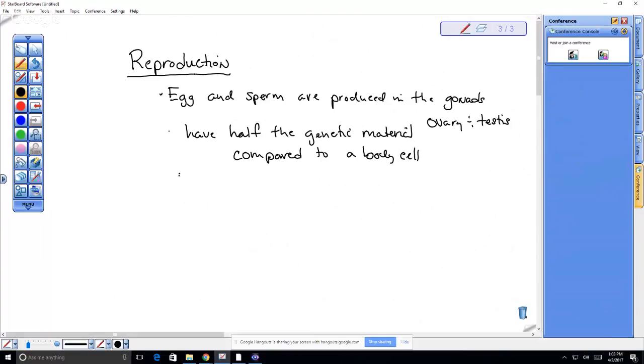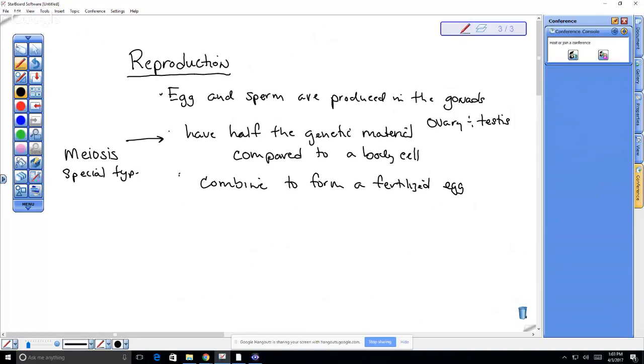So when they combine, they form a fertilized egg. And this production of the egg and the sperm is through a type of cell division called meiosis, which is a special type of cell division.